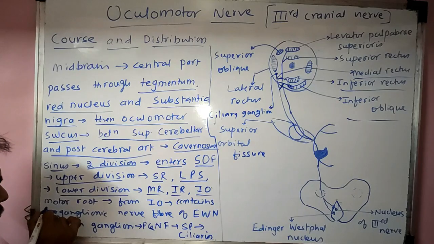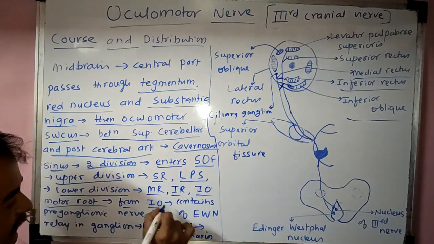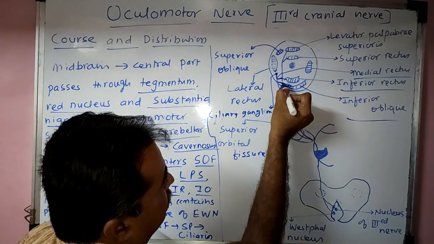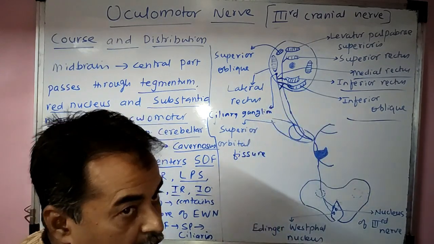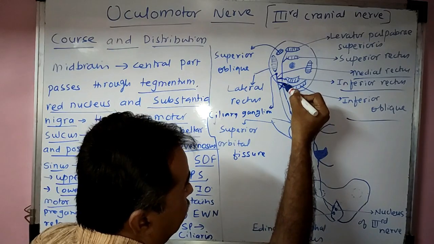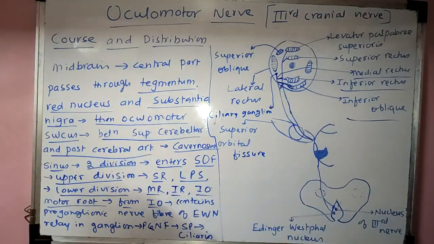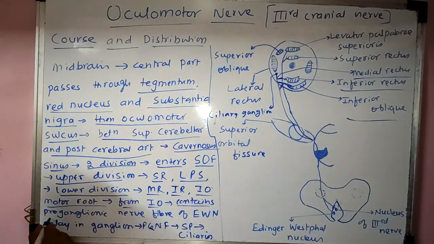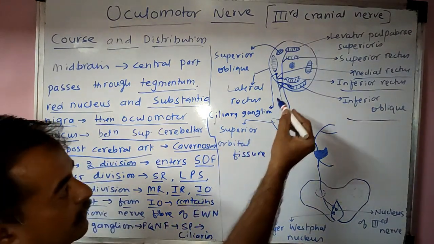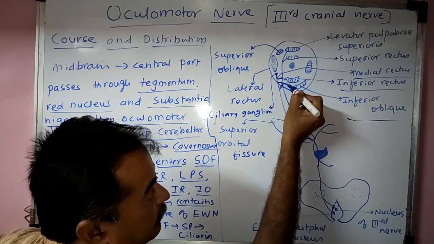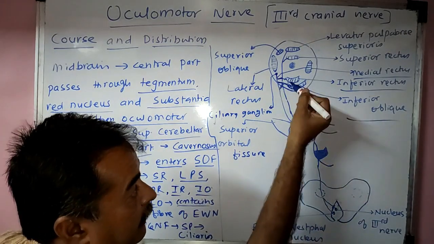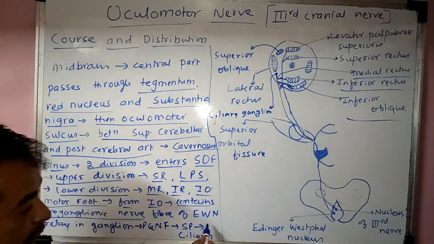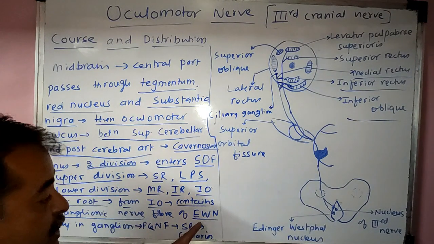See, this is the branch for the inferior oblique. From the motor root of the inferior oblique, a fiber arises. The motor root of the inferior oblique contains a preganglionic nerve fiber of the Edinger-Westphal nucleus.